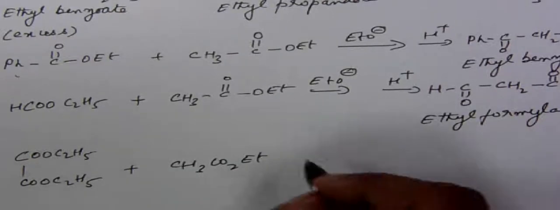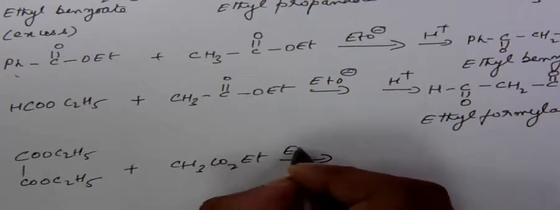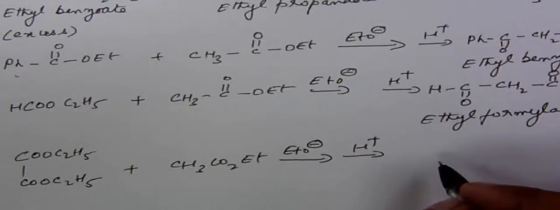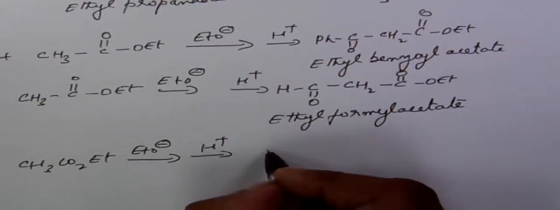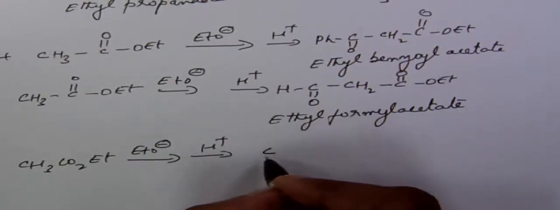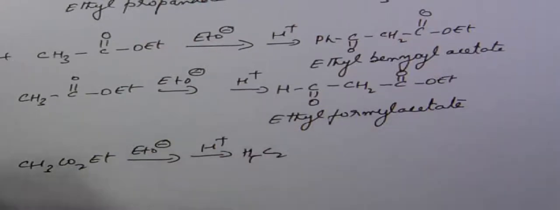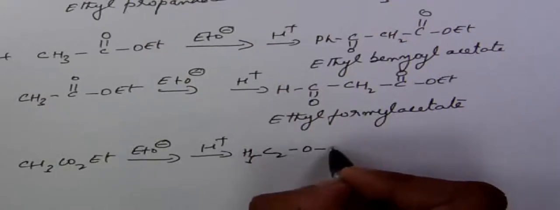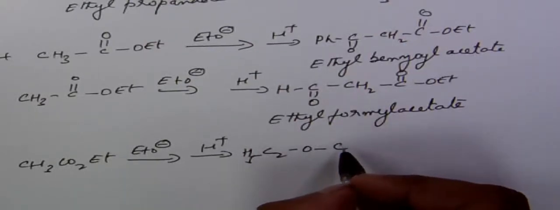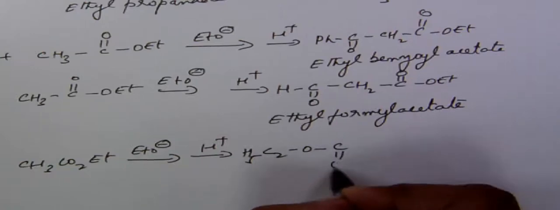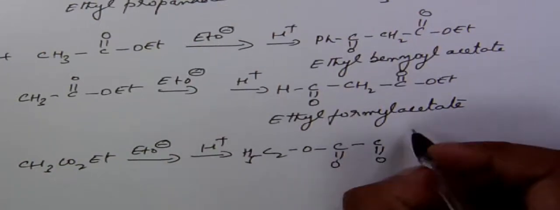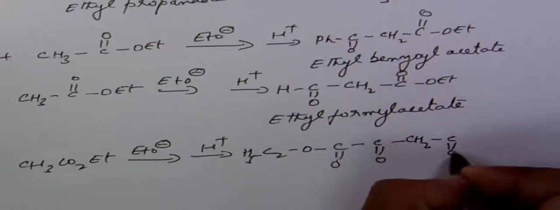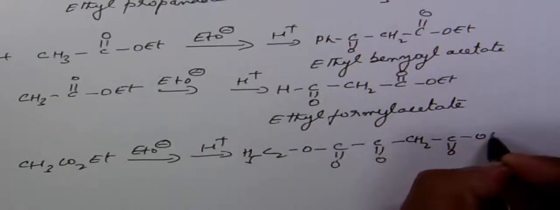Now if we again use the same set of reagents, ethoxide, protonate this, I'm going to get ethyl oxaloacetate. So that is C2H5O, C double bond O, C double bond O, CH2, C double bond O, OEt, because one reaction occurs here.